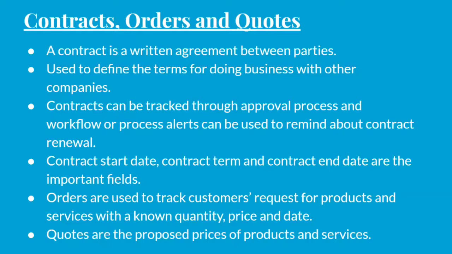That will be your contract term. So start date plus 6 months will be your end date. These are the important fields whenever you are configuring a contract, or creating a record for the contract in your system.